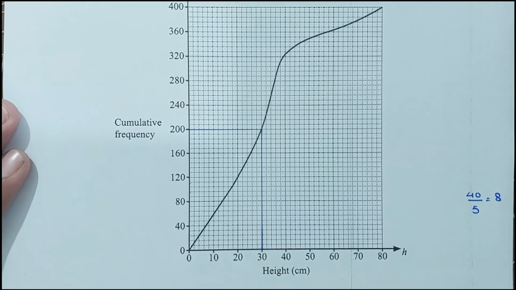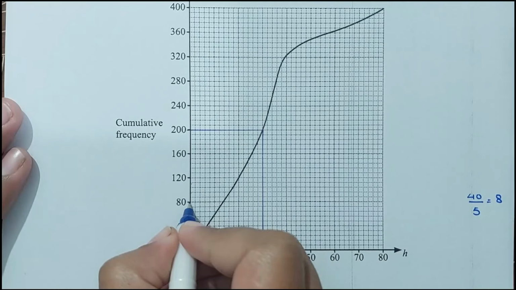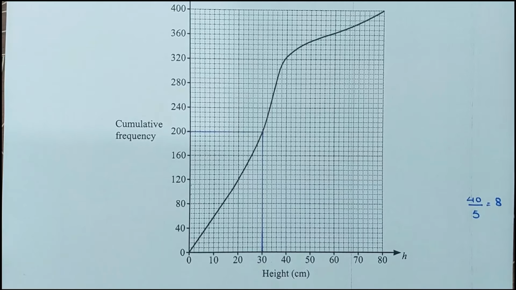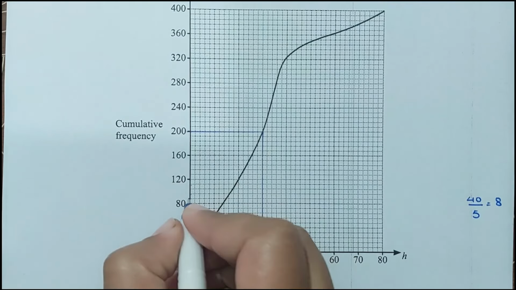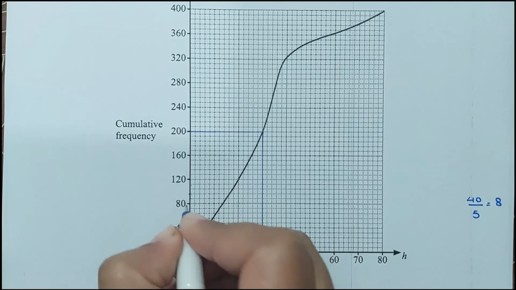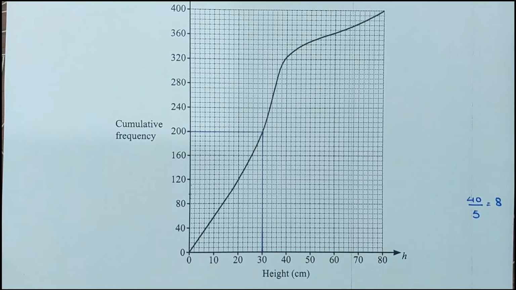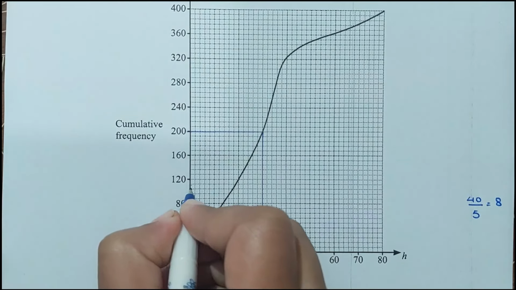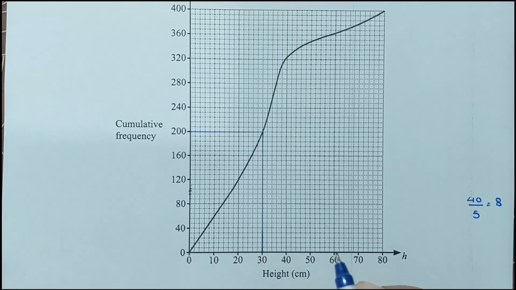Here is 100. We have to find the 100th and the 300th value. So from 80, we add 8, so this is 88, and then adding 8 is 96, and then adding 8 is 104. This is 104, so 100 is in the middle.